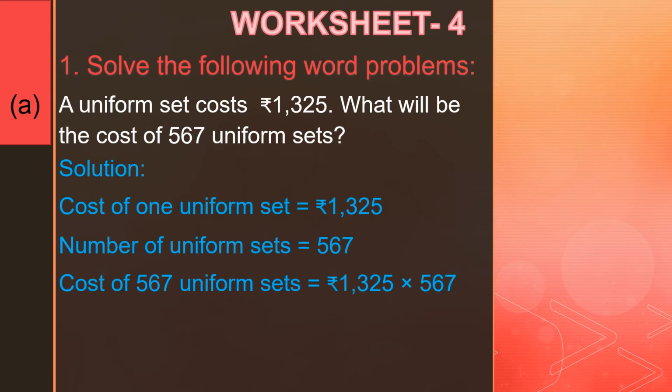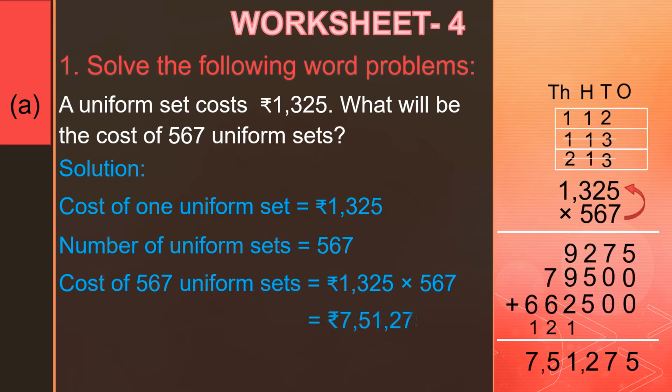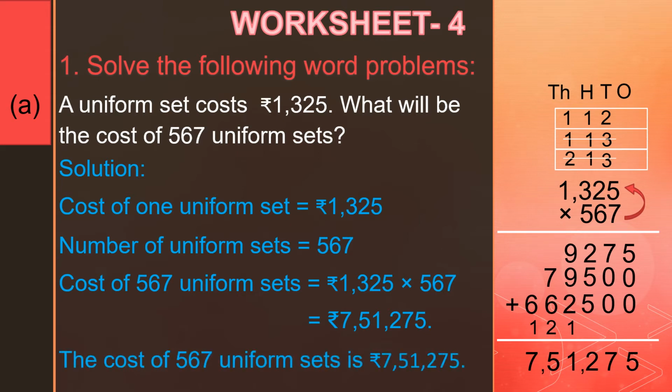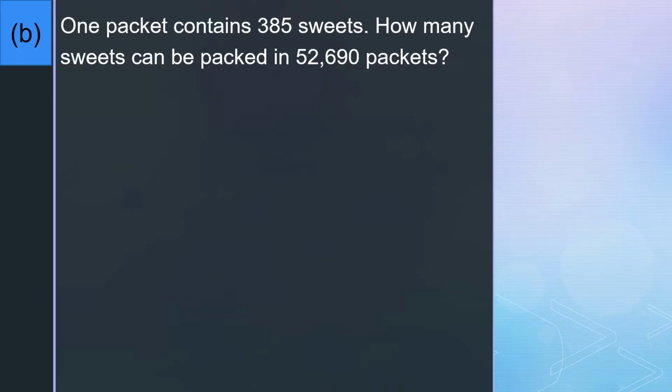So pause the video and do the multiplication on your own and check your answer. So the answer is rupees 7,51,275. So the last statement is cost of 567 uniform sets is rupees 7,51,275.